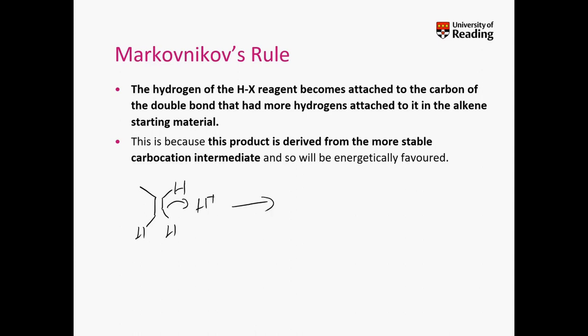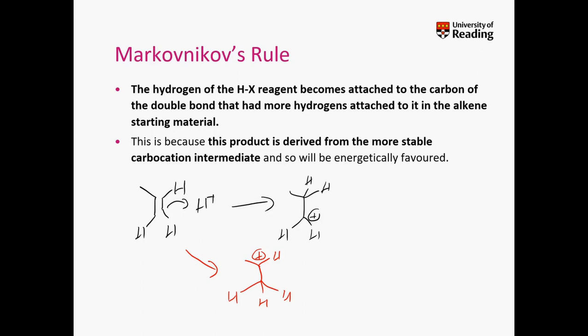We do our reaction and we end up with adding it either to the top one, leaving our carbocation here, or we add to the bottom, leaving our carbocation here.